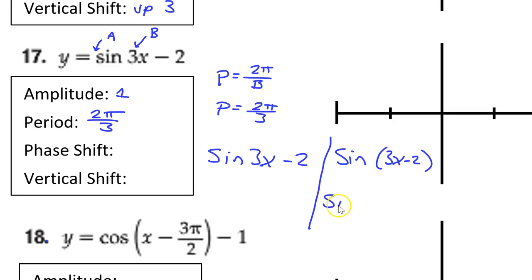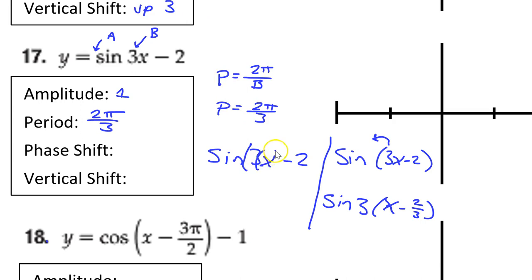To read the phase shift, you would have to take that 3 outside of the parentheses, and we'd have to divide by 3, so this would be x minus 2/3. So my phase shift would be 2 over 3 to the right. But this one does not have parentheses. That means the invisible parentheses are right here.